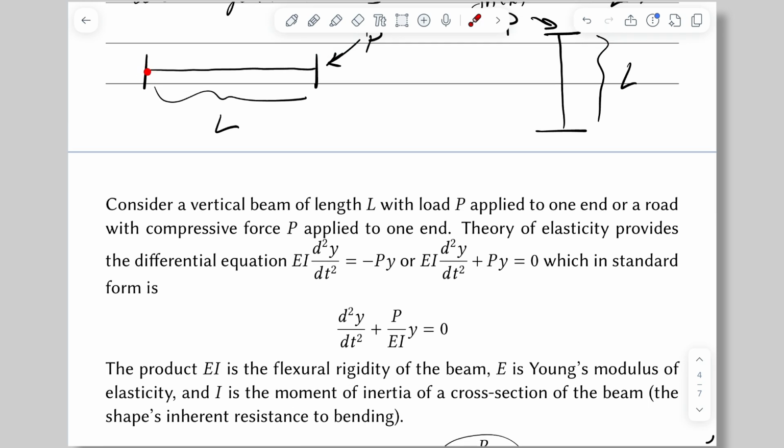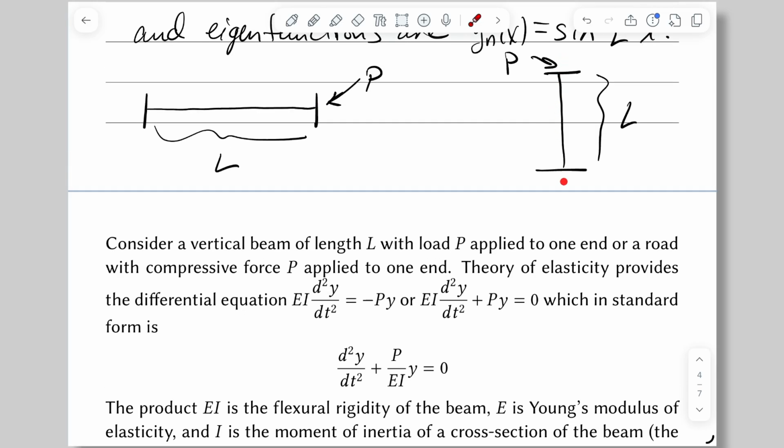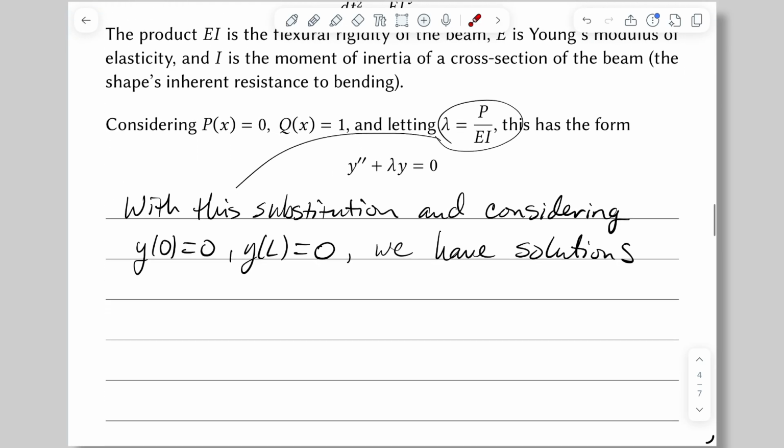Y of 0 equals 0 would be an equilibrium height, we'll call it, on the left, and y of L equals 0 would be an equilibrium height on the right. Likewise, the vertical beam.